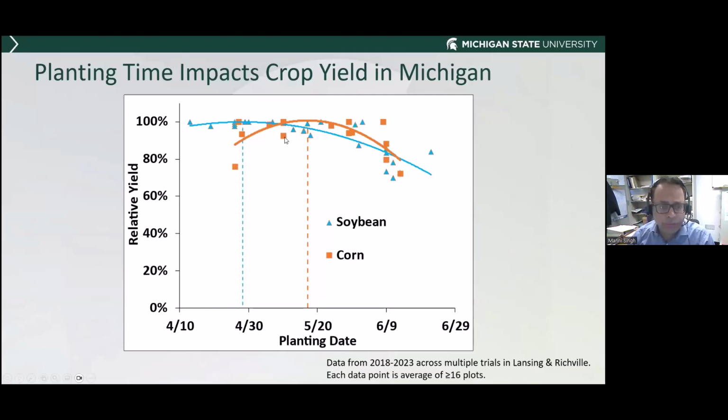If you look on the soybean side, you can see that our optimal was a little bit ahead of what we saw for corn. And you see this long plateau here. That shows again the potential of a soybean plant to deal with some of these non-ideal early season field conditions, right?